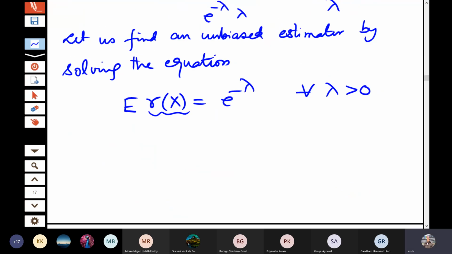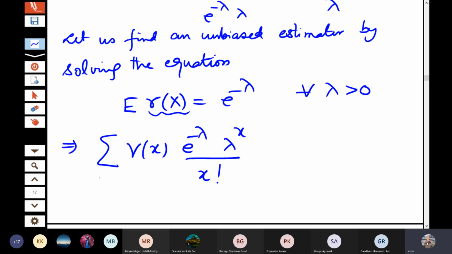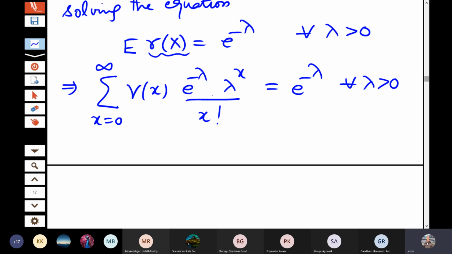So what this will give me: sum of gamma x e to the power minus lambda lambda to the power x by x factorial, that is equal to e to the power minus lambda for all lambda positive. I can remove e to the power minus lambda from both the sides and consider the expansion.